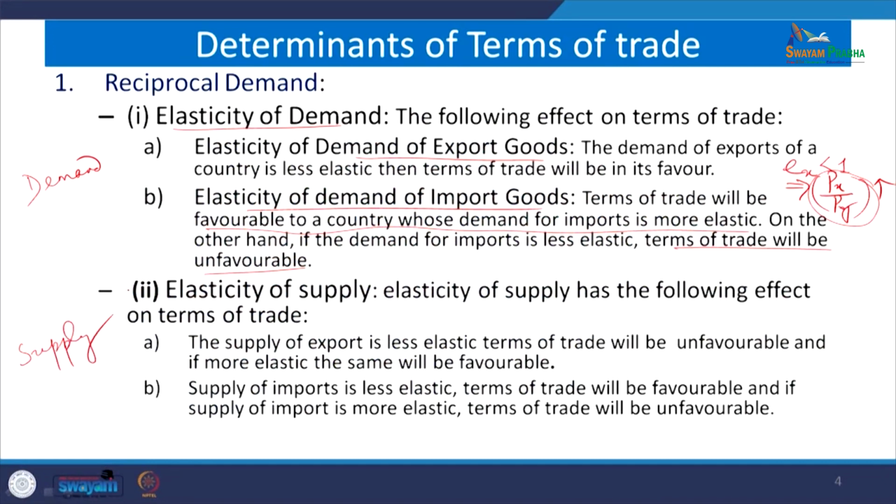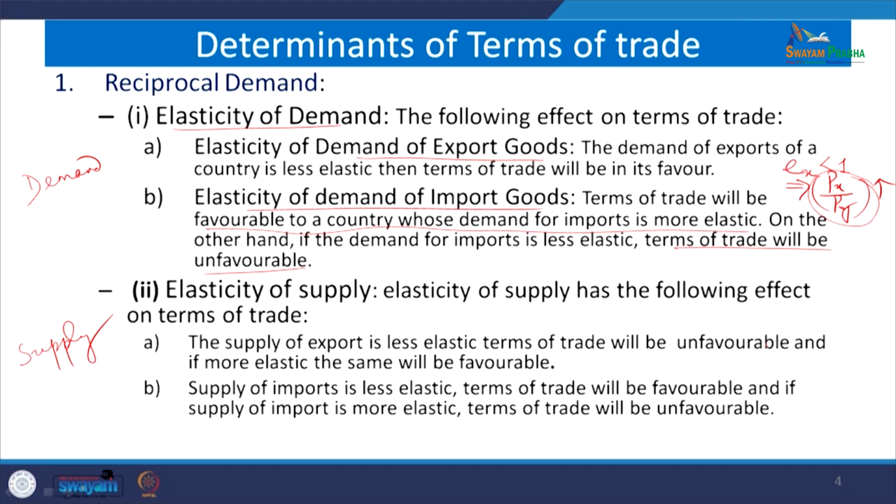If the supply of exports is very elastic, the terms of trade will be unfavorable.